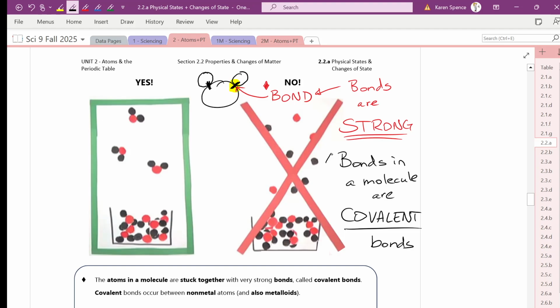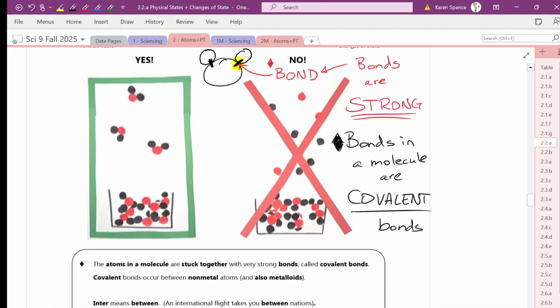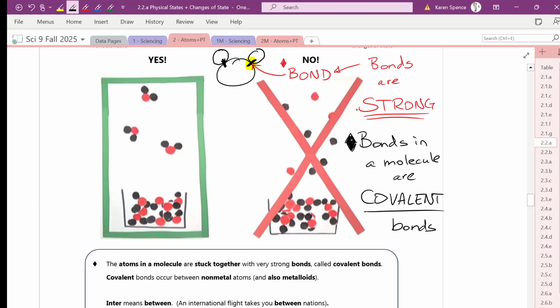Again, this is enriched. You don't want to do the enriched? No problem. Nobody cares. It's all good. I won't get mad at you at all. Okay? Totally your choice. And because they are bonds, they are strong. Yes, covalent bonds, any kind of bond is strong.